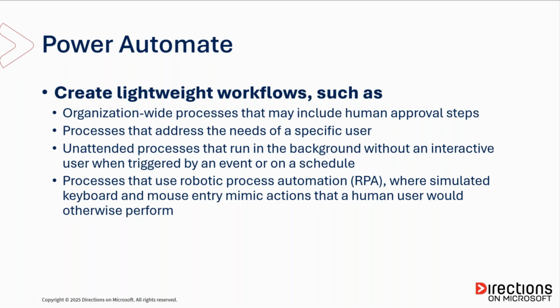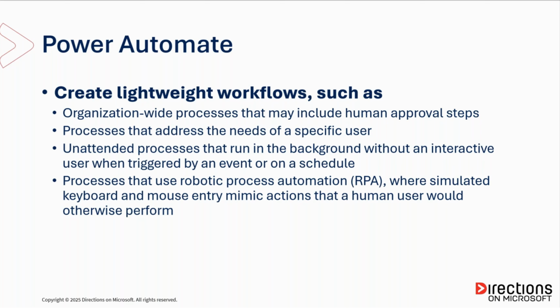Power Automate can be used to automate processes of several types, such as the following: organization-wide processes that may include human approval steps, such as a workflow for provisioning equipment or submitting travel expenses. You can have processes that address the need of a specific user, such as a workflow that generates a weekly personal status report.